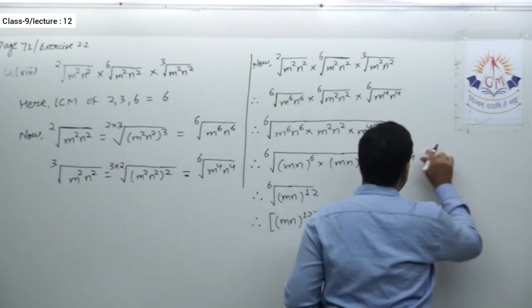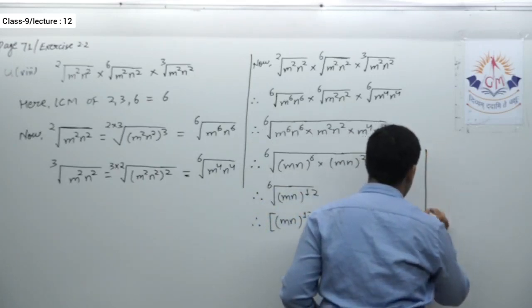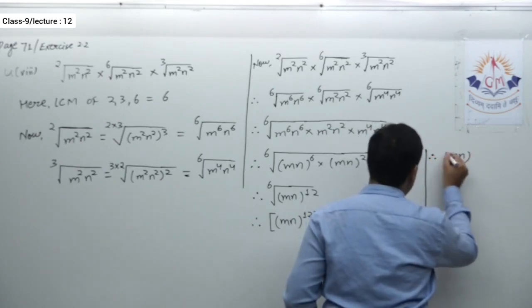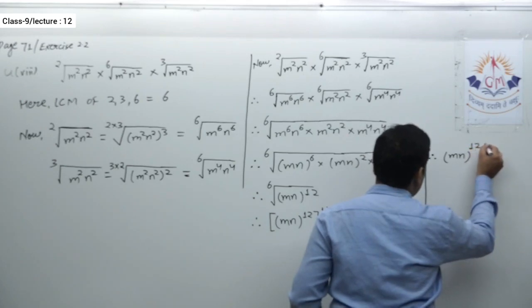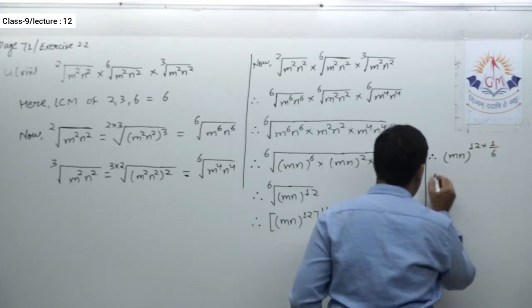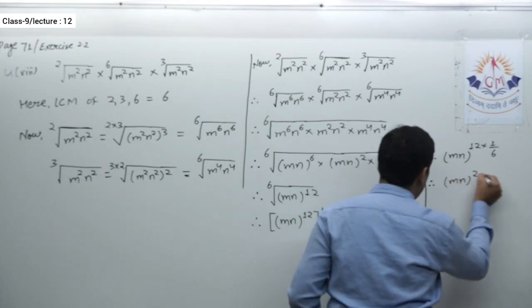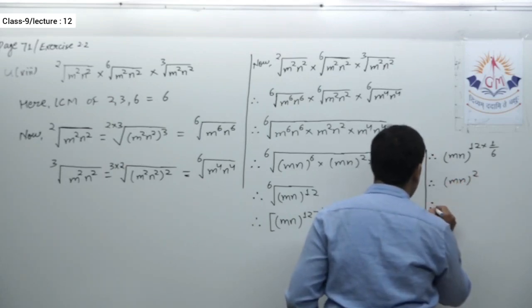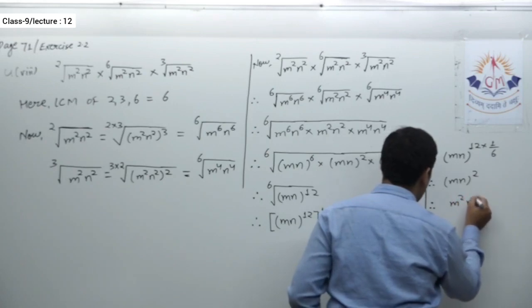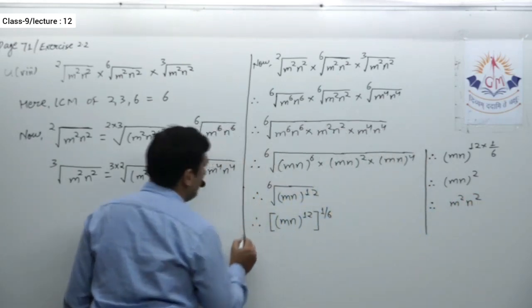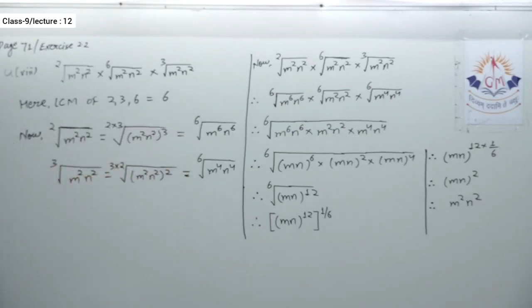Here I can write this as (mn) raised to 12 multiplied by 1 upon 6. So this will become (mn) raised to 2, or I can write m square n square. So this is the final answer. Please note it down.